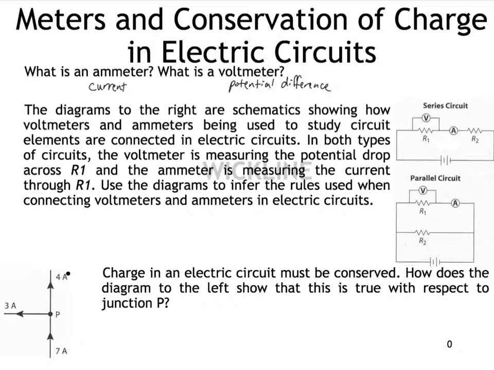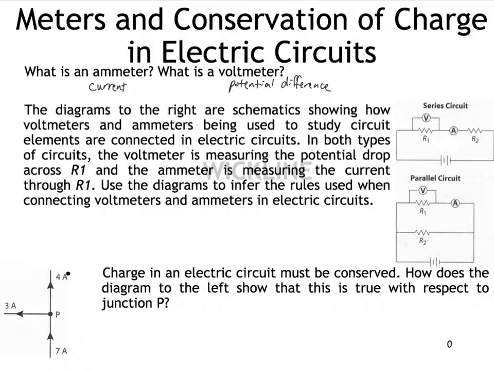And an ammeter actually needs to be drawn in series with the resistors whose current they're measuring. So this ammeter is drawn in series with R1 and R2, and this voltmeter is drawn in parallel with R1. The voltmeter only measures the voltage drop at R1.